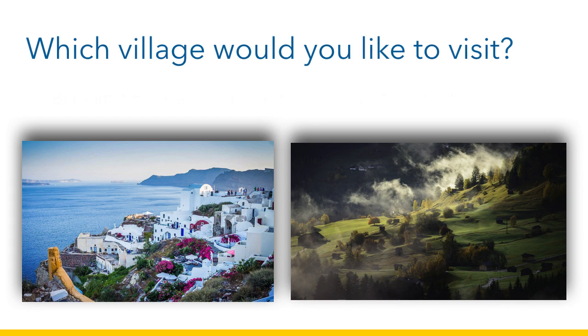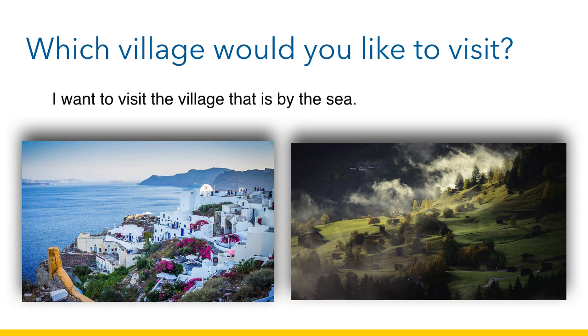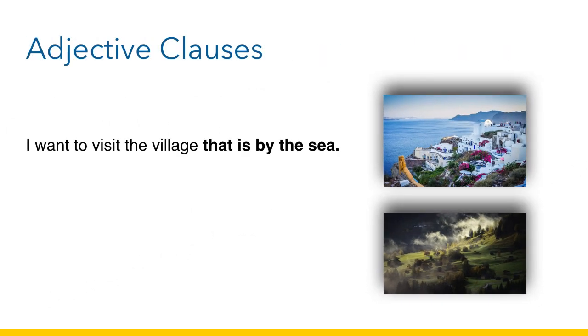Which village would you like to visit? I want to visit the village that is by the sea. Here, village is a noun, and that is by the sea is an adjective clause.